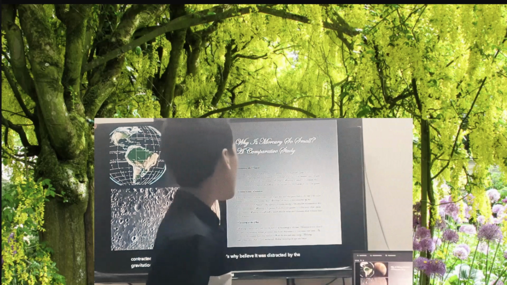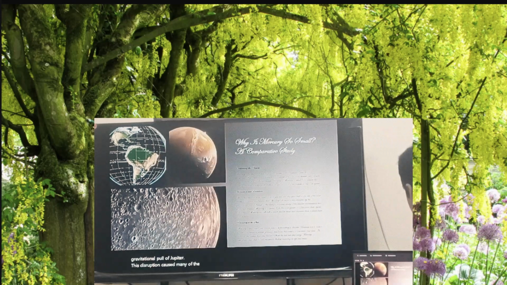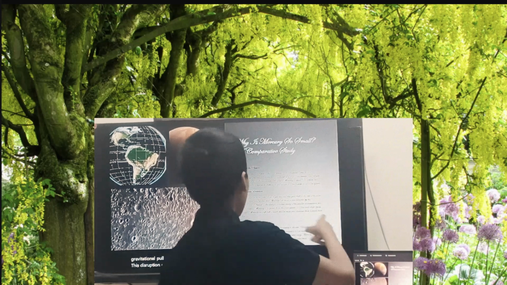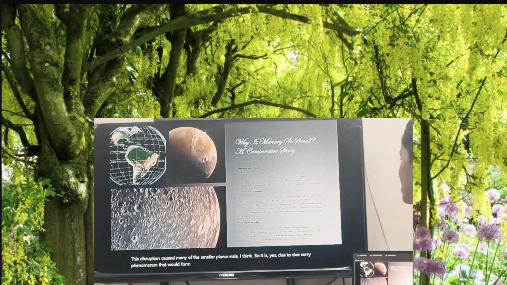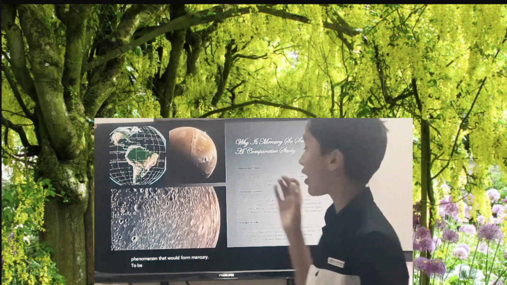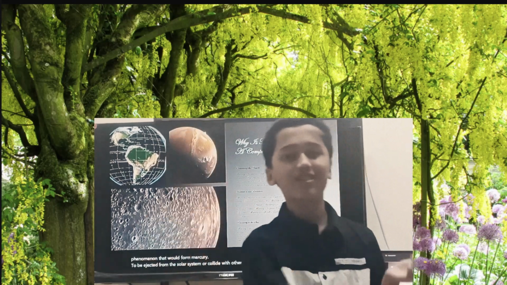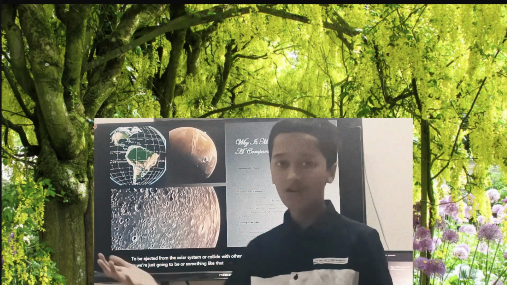This disruption caused many of the smaller planetesimals that would form Mercury to be ejected from the solar system or collide with other objects. That's why we see many asteroids going toward Mercury and colliding with other objects.